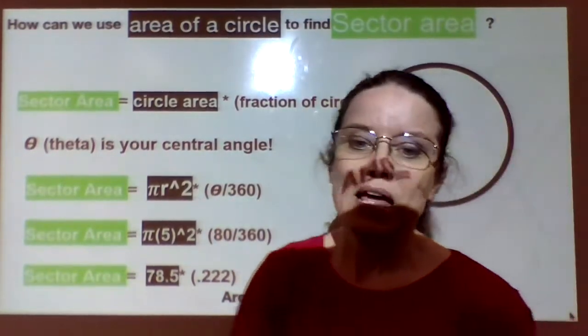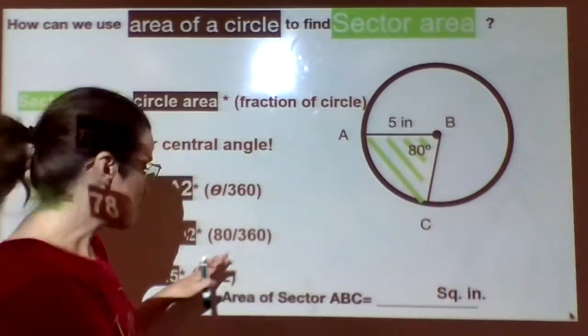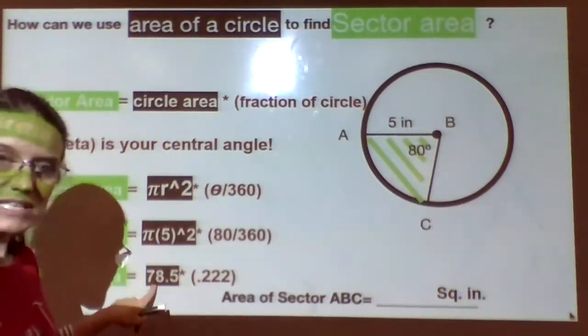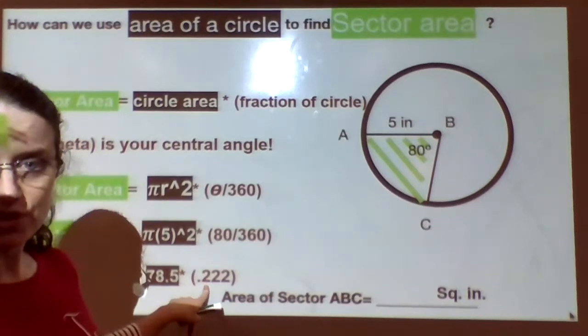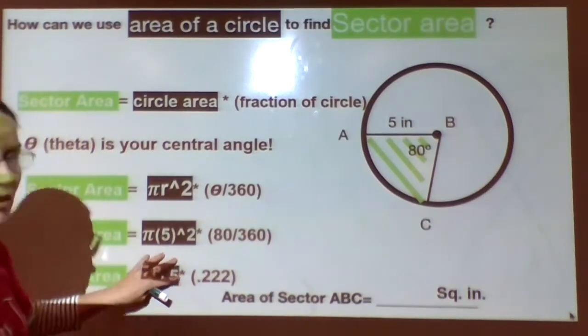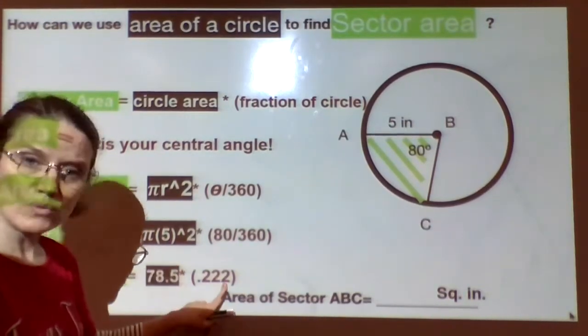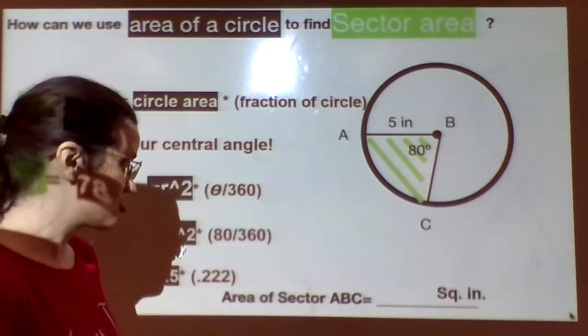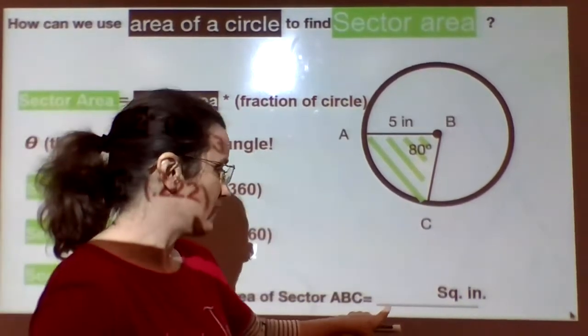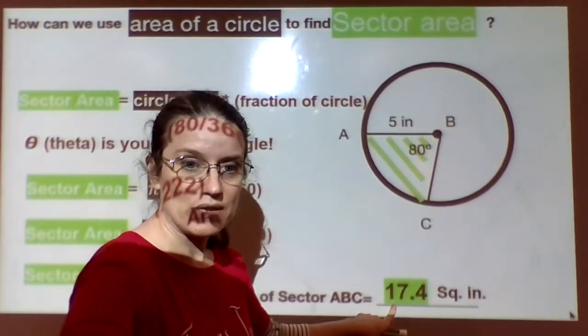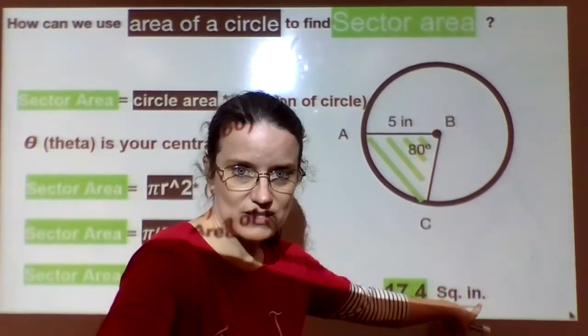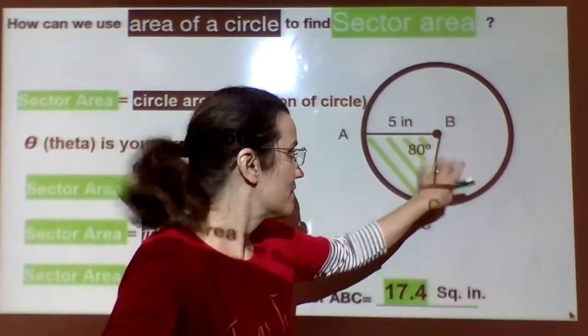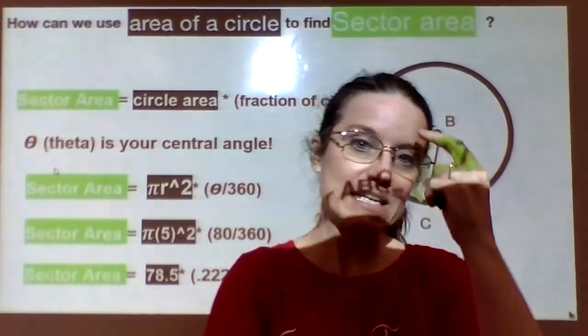With the calculator, you come out with 78.5 times 0.222. This was the area of the full circle, but I only want this much of it, that wedge. And when you put that into your calculator, you end up getting 17.4 square inches for the area of just this 80-degree wedge of your circle.